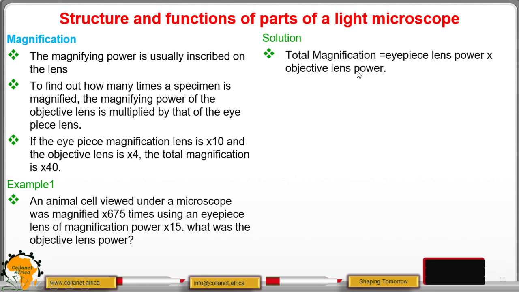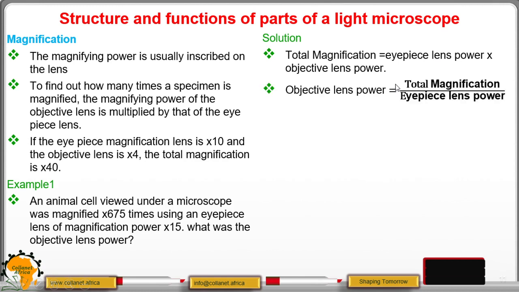Since magnification is calculated by multiplying the eyepiece lens power by the objective lens power, we shall find the objective lens power by dividing the total magnification by the eyepiece lens power. That is 675 divided by 15 to give us times 45.